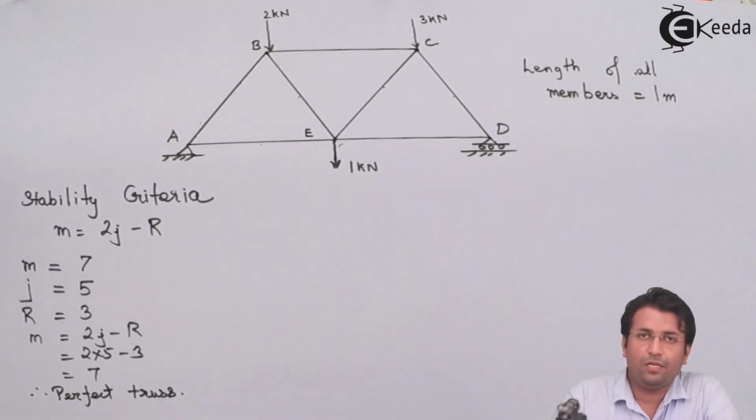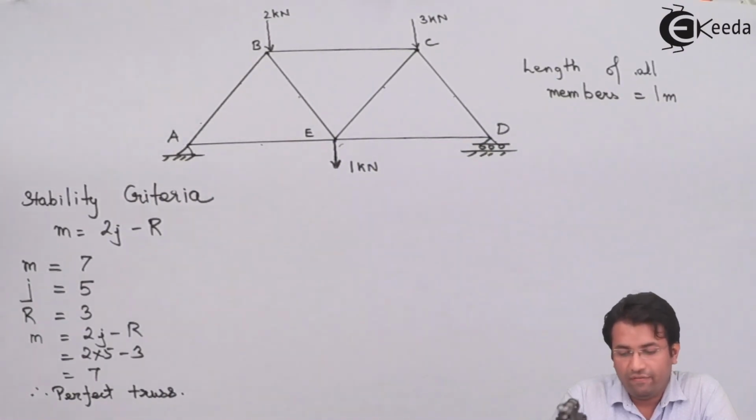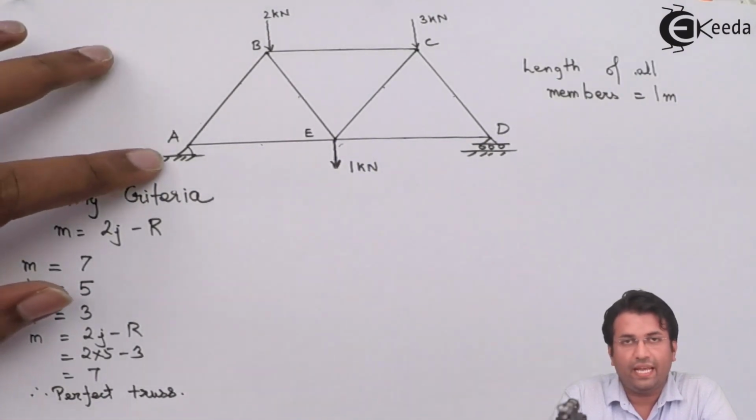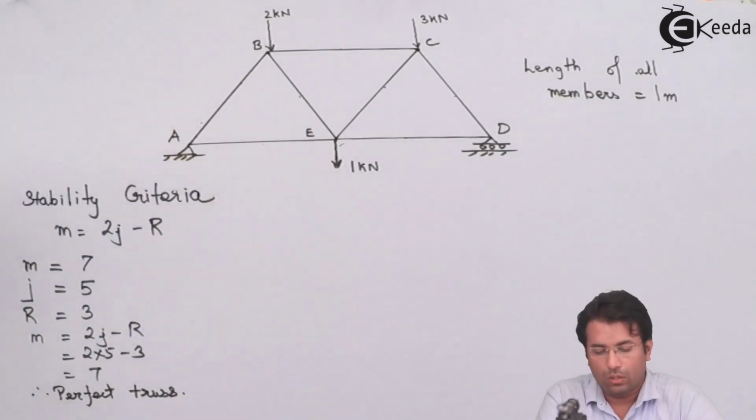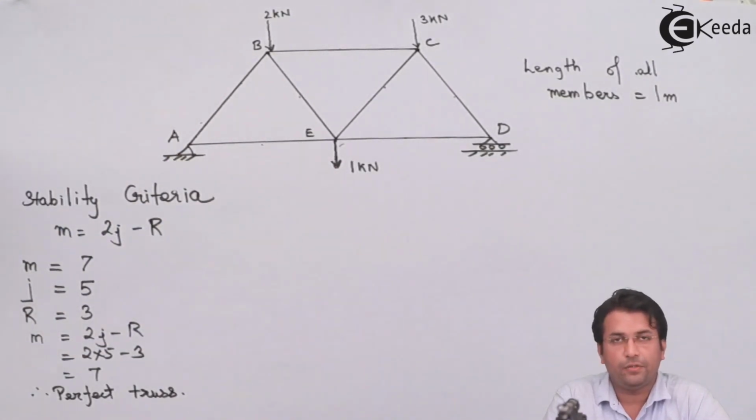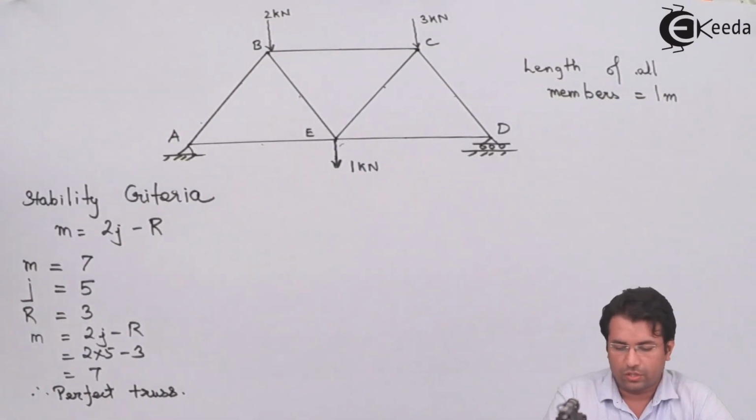In the previous example, you might remember that we need to calculate the support reactions. The support at joint A is a hinge support and the other is a roller support. What we need to do is draw the FBD and then find out the support reactions.